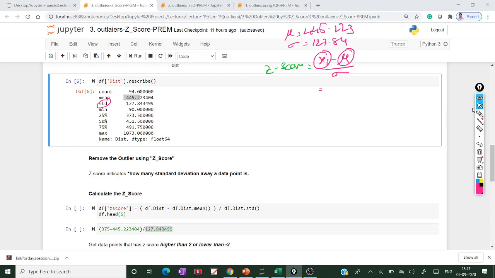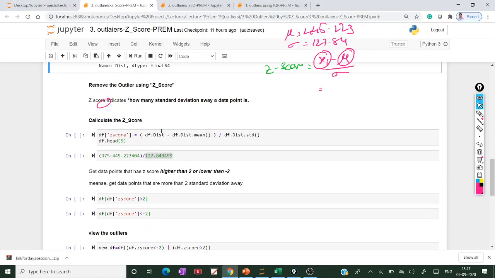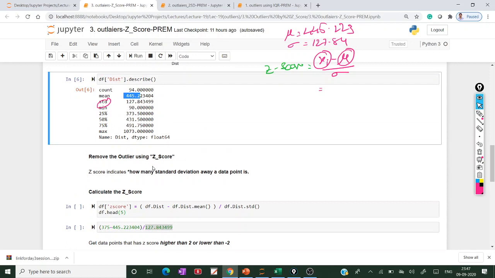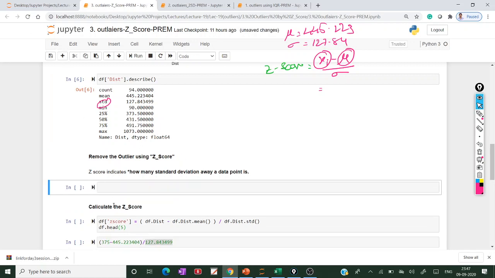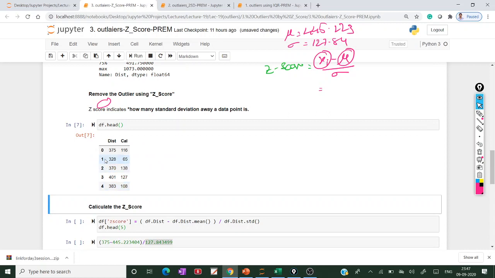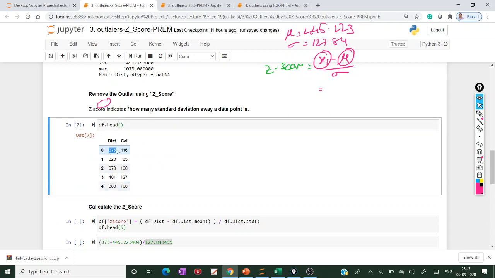What is xi? It is the input feature. Let me show you the input feature values. I am considering the first value, 375. This is my xi, meaning x1. This is x2, x3, x4, x5, like that.